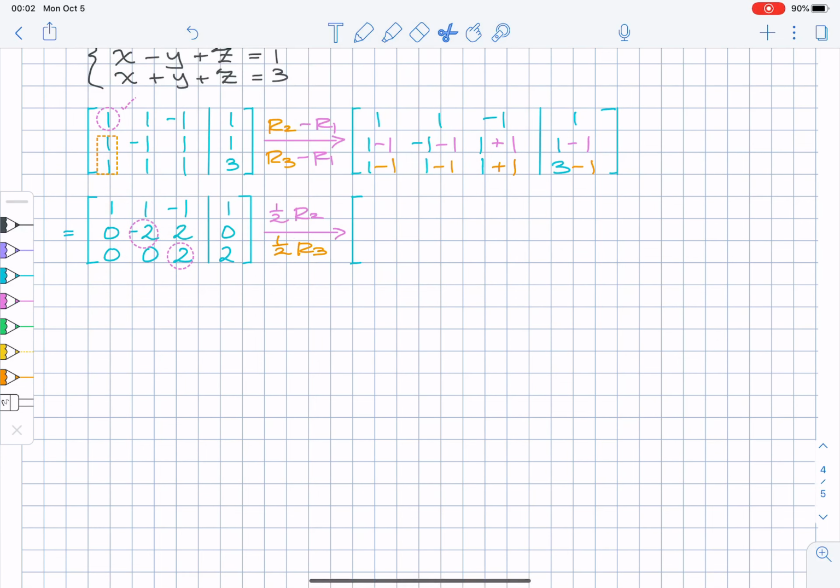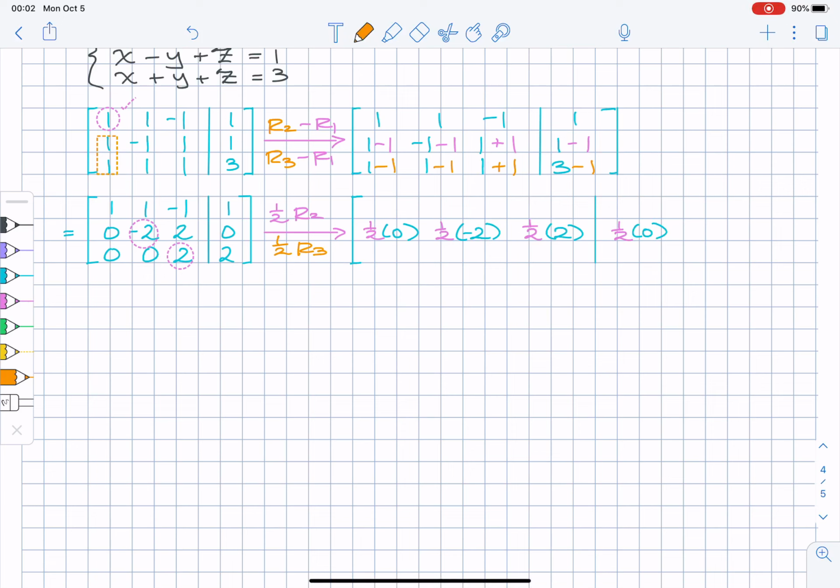Okay, so 1/2 of 0, 1/2 of -2, 1/2 of 2, augment 1/2 of 0.